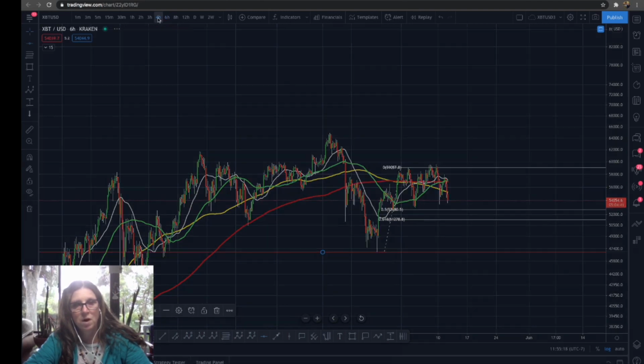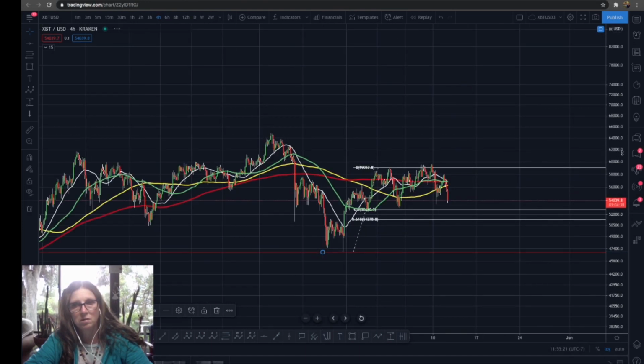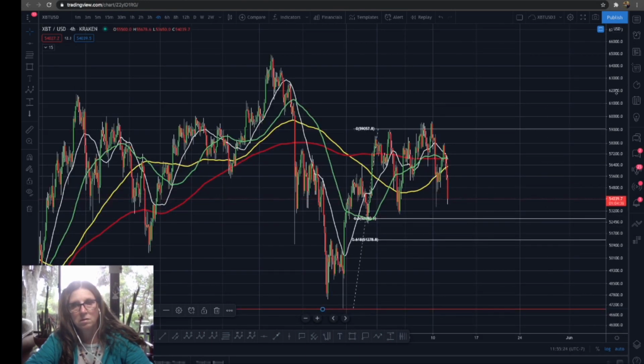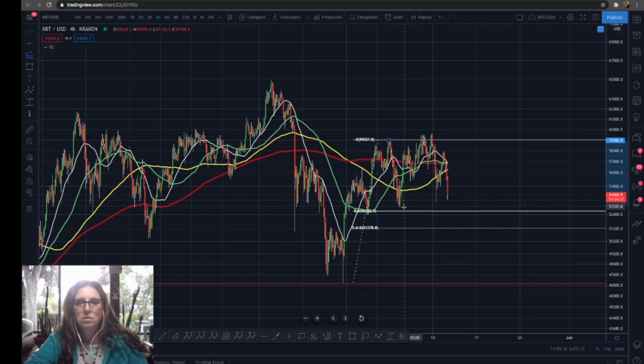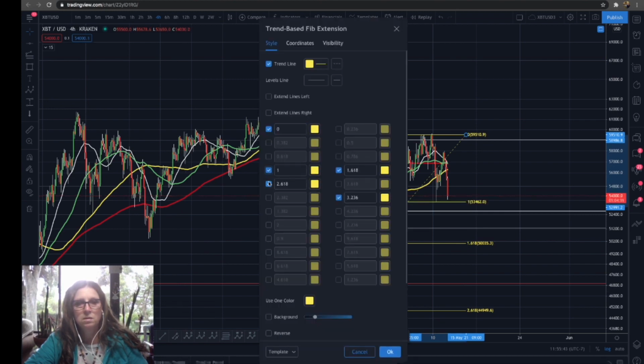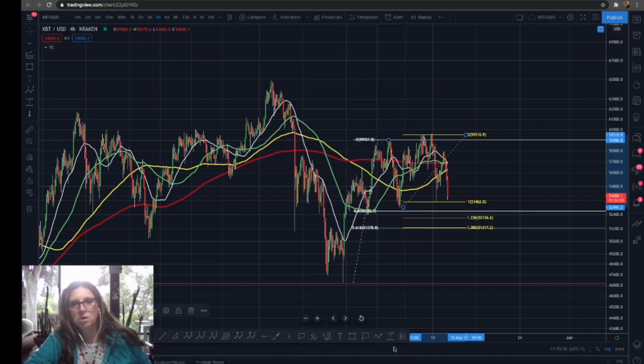We're going to go down to the 4 hour, so I just get a little bit bigger here. And if I pull a fib extension on what we have so far here, and we put in the corrective pocket, we're looking at targets of right into that 618.